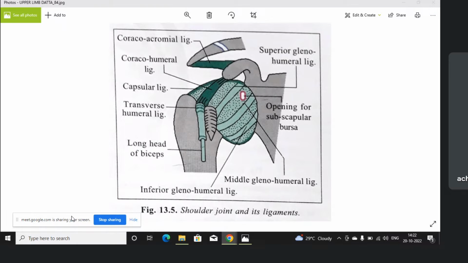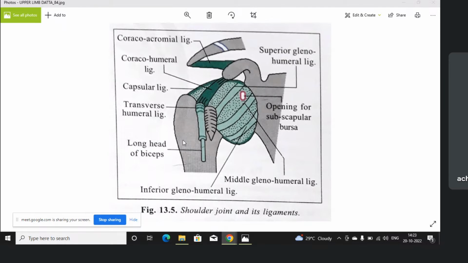Below the glenoid cavity, there is the infraglenoid tubercle.